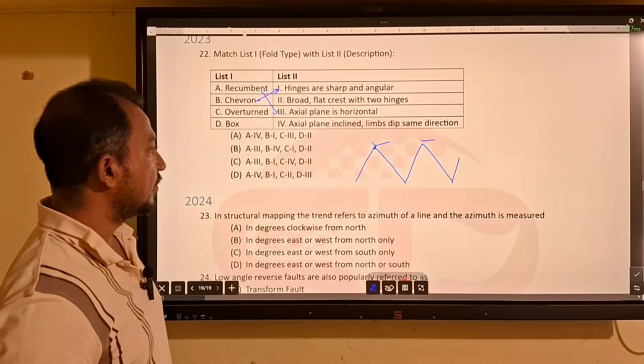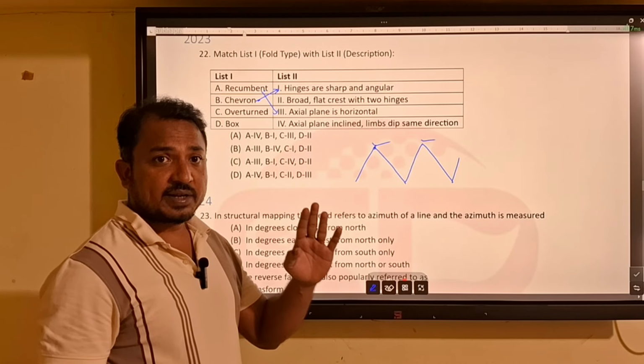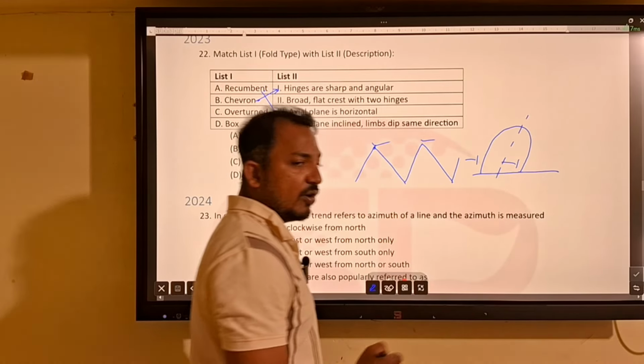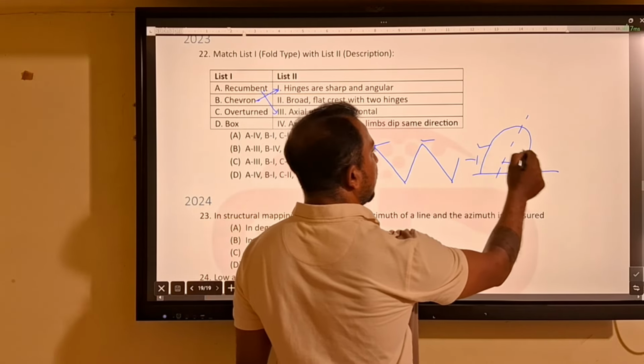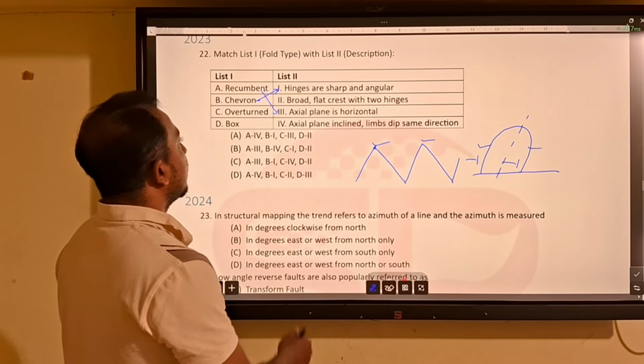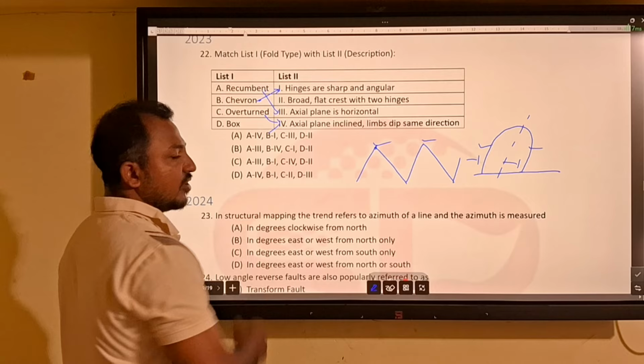Then overturned fold. One of the limbs dips more than 90 degrees. It will be like this. This is one normal limb, another overturned limb, both dipping in the same direction. This side is your normal limb, this side is your overturned limb, which is bent more than 90 degrees. So the axial plane is inclined, limbs dip in the same direction. That is a characteristic of an overturned fold.